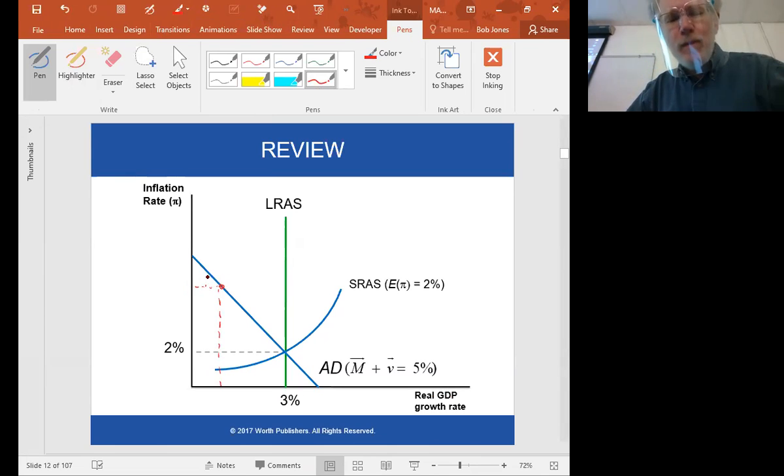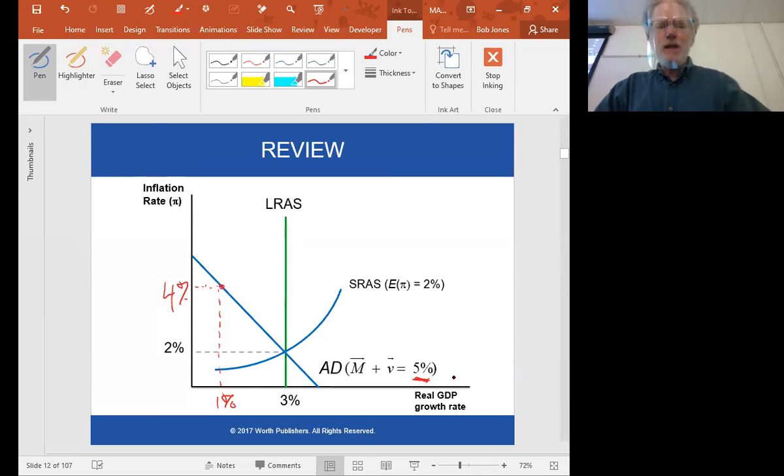So for every point on that curve, it is a point where these two growth rates add up to 5%. Okay? That's a key thing to remember about aggregate demand. So every other point on that curve is a combination of growth rates where the total is 5%.